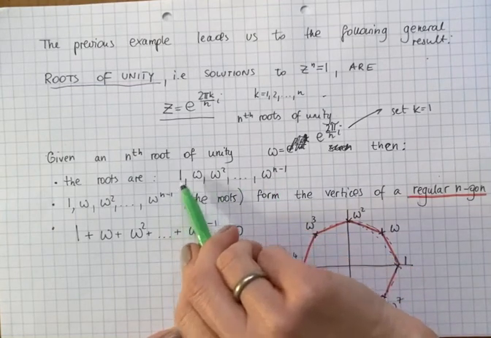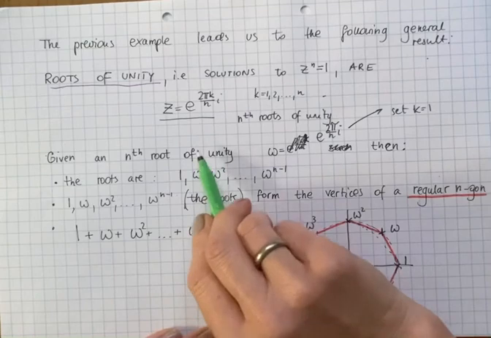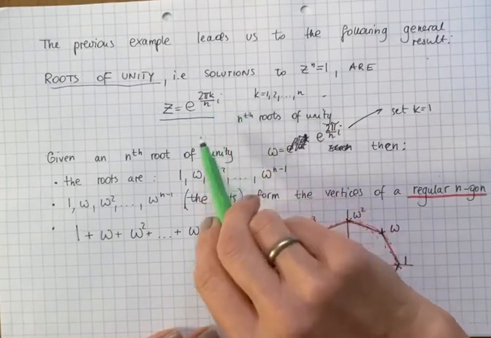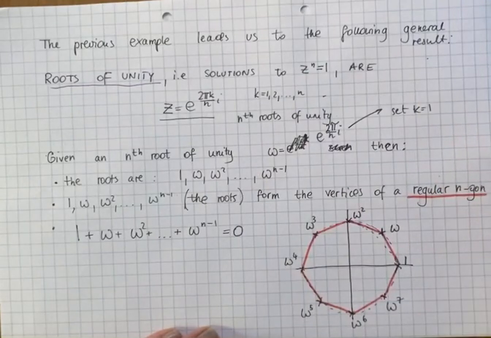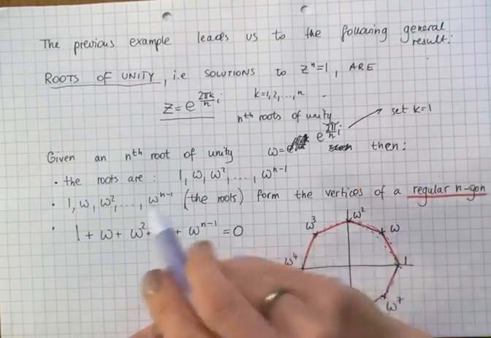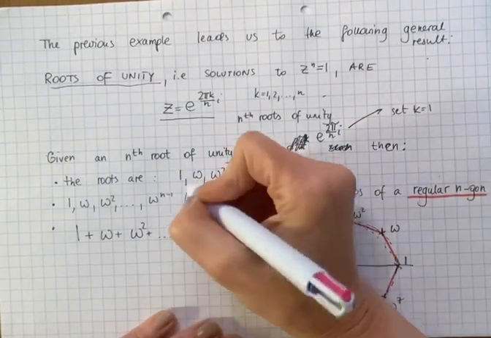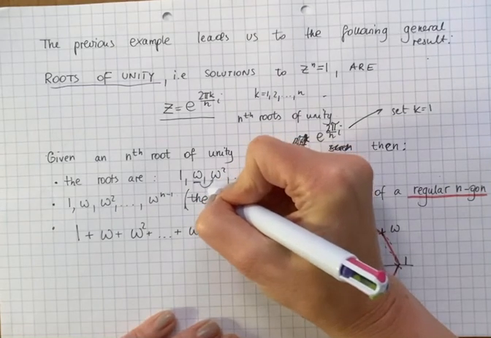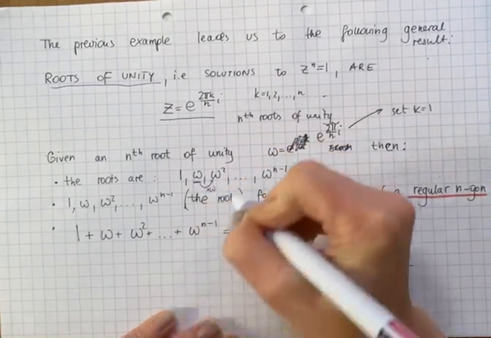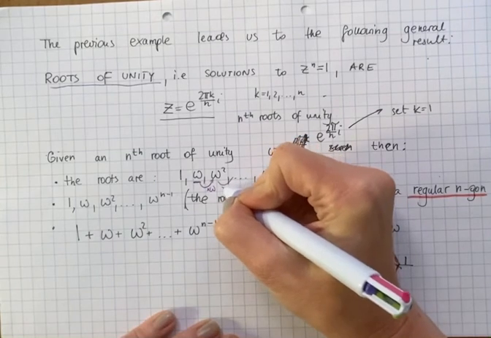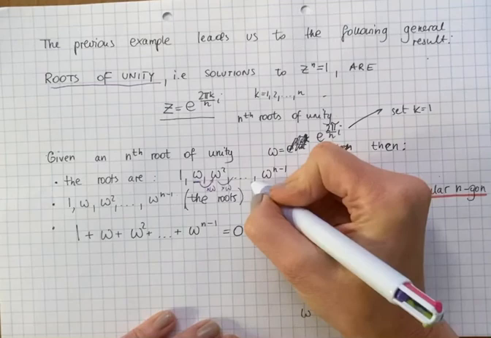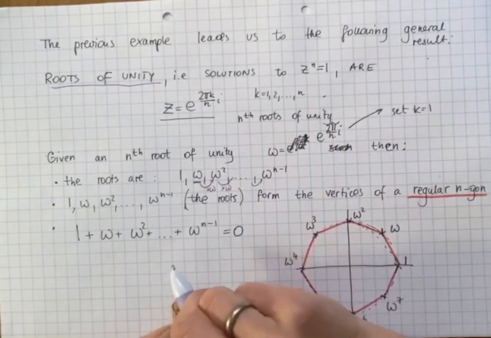So those roots, you don't need to be substituting k equals 1, 2, 3 until you get to n minus 1, to n lots of them, the solutions. You may actually choose to, once you've identified the first root, multiply that root by itself to get to the second root, then multiply that answer by the original root to get to the third one, etc., etc. So that's a nice way of doing it.